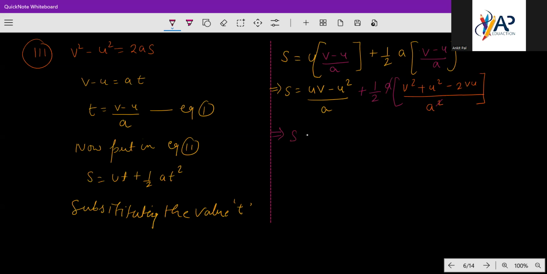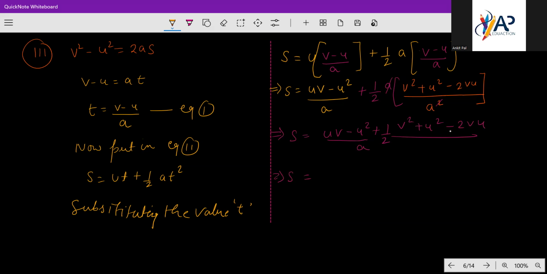Now s is equals to u v minus u square plus half v square plus u square minus 2vu, all upon a.